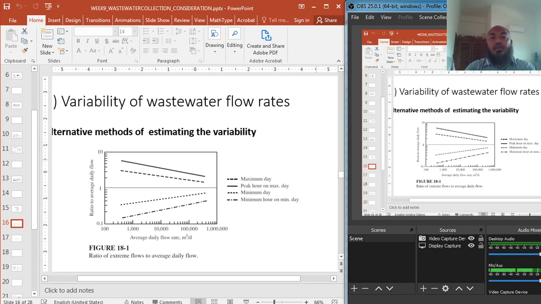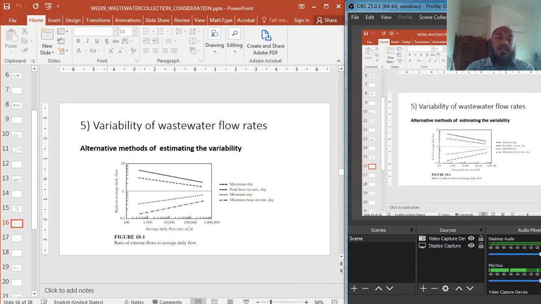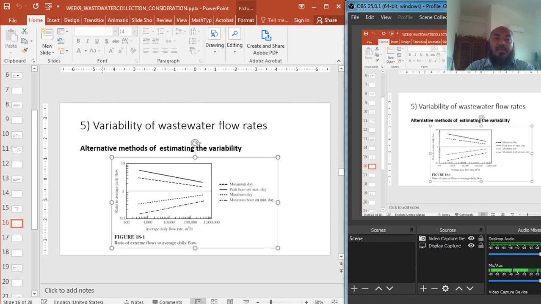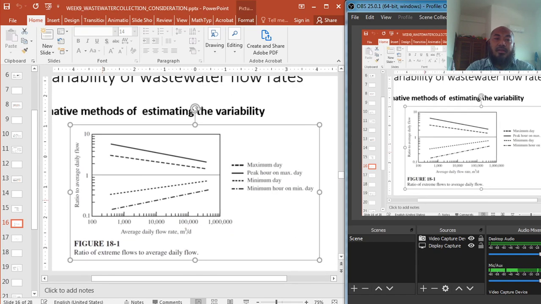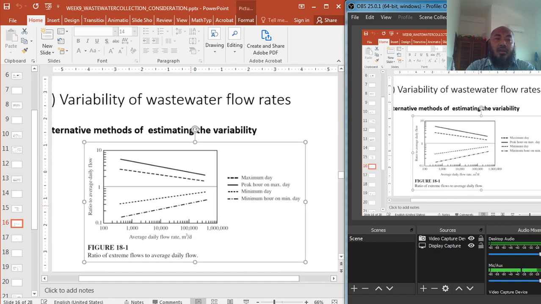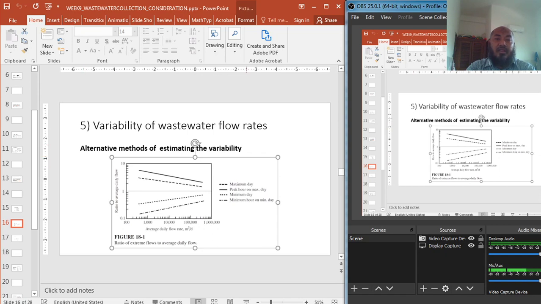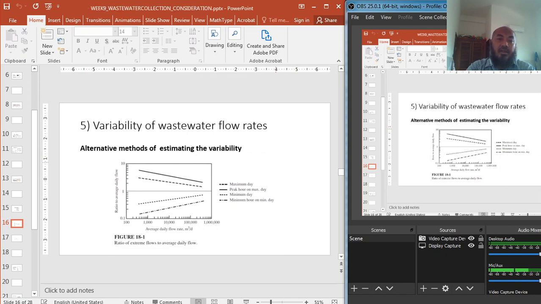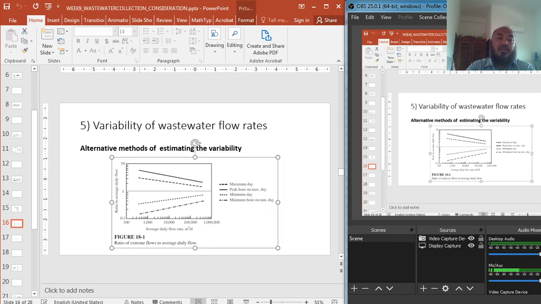Okay, so sometimes we have difficulty estimating all those parameters. This is an alternative method of estimating the variability. Sometimes we find it difficult to collect all those data.